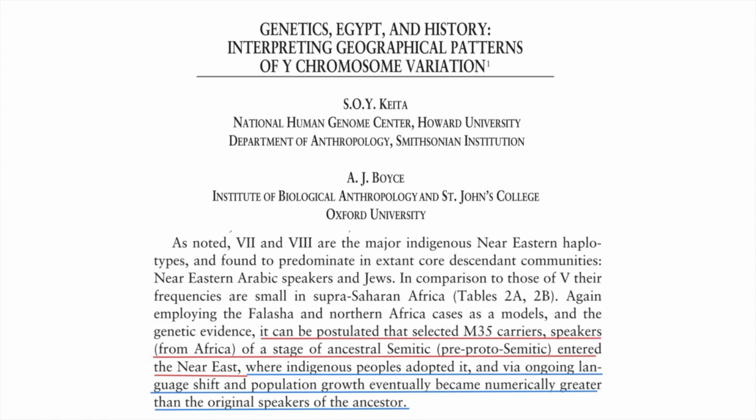This is from Genetics, Egypt, and History: Interpreting Geographical Patterns of Y Chromosome Variation, and it reads, it can be postulated that select M35 carriers, speakers from Africa of a stage of ancestral Semitic, pre-Proto-Semitic, entered the Near East. Here's the kicker.